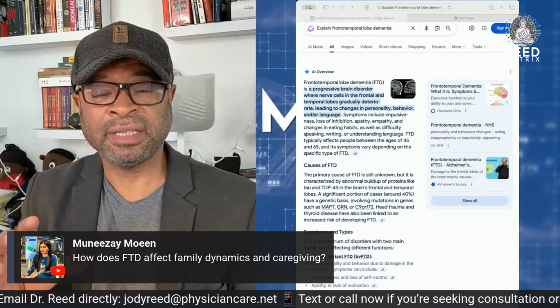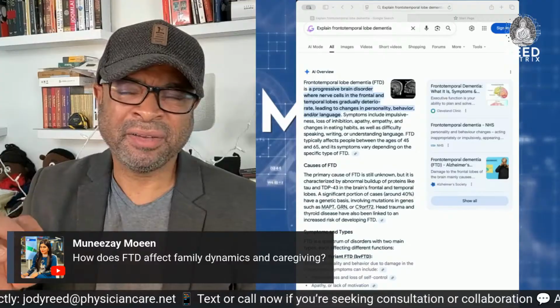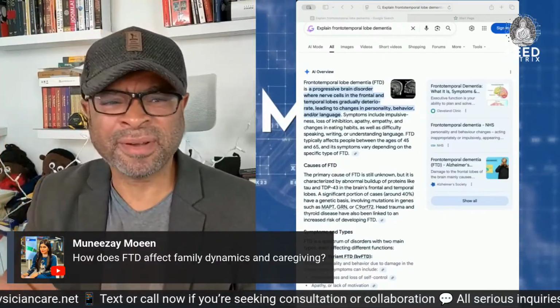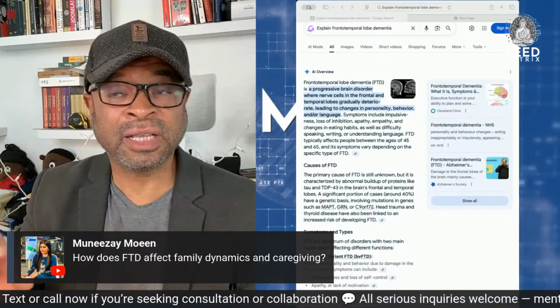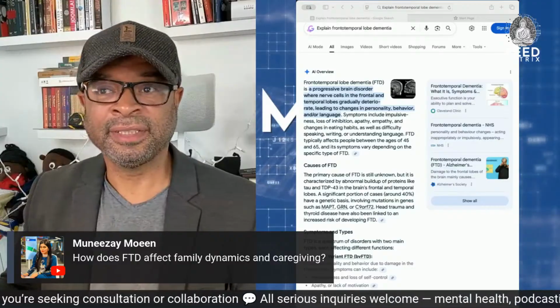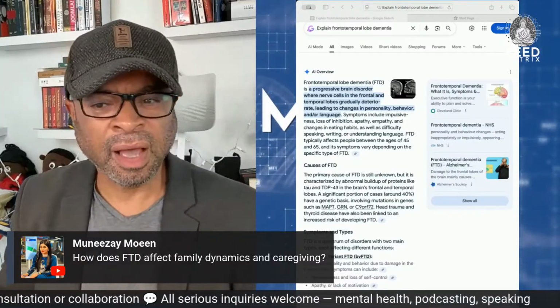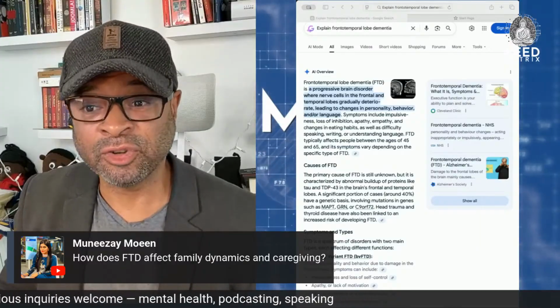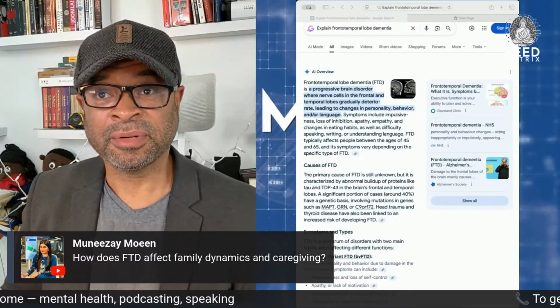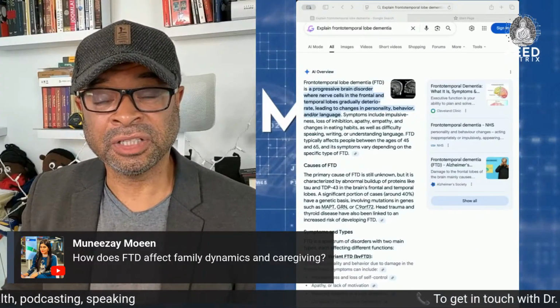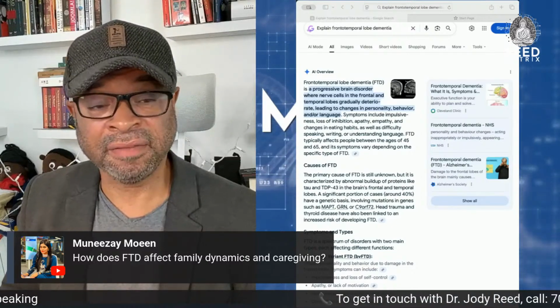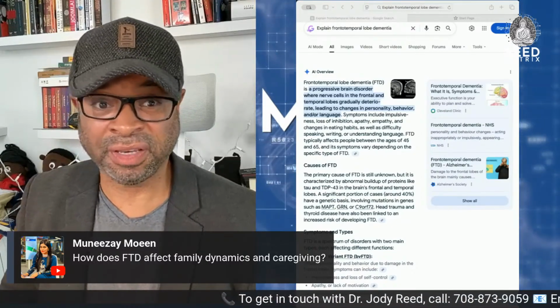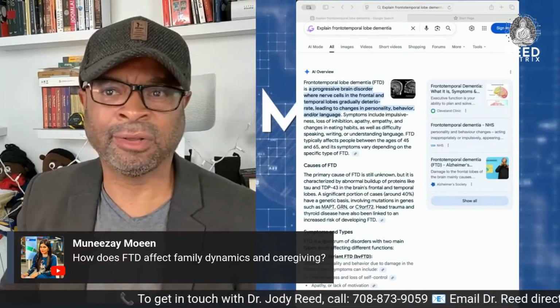And so the family's history would be like, yeah, she started forgetting her keys, then she started forgetting her purse, and then she started leaving the house, and then she started disappearing, things like that. Whereas in frontotemporal lobe dementia, because the mechanism of injury is different, they present like the patient all of a sudden left the house and started fighting with the neighbor, and the neighbor had to call the police.